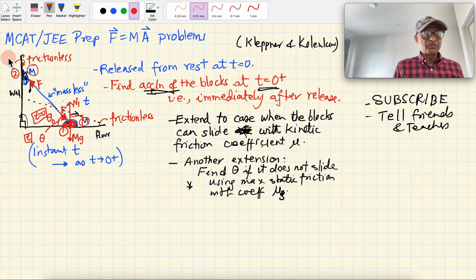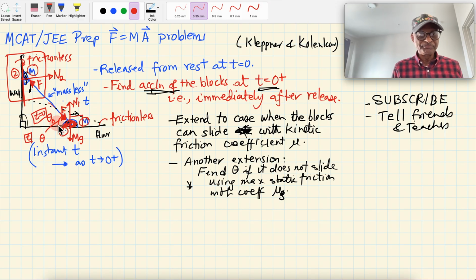Okay. So now when you look at that guy, what are the forces? Of course, the wall is this. Normal will be 90 degrees to the wall. Let's call this N2. Don't use the same N because they're not the same. So these are the forces on this mass.